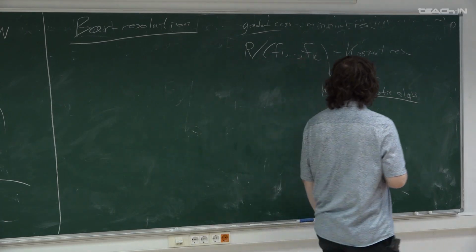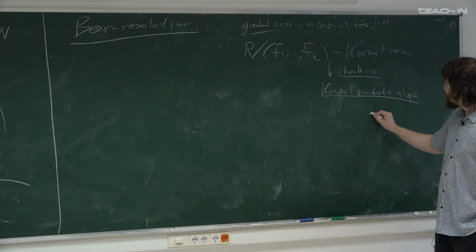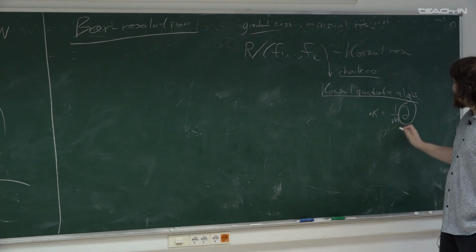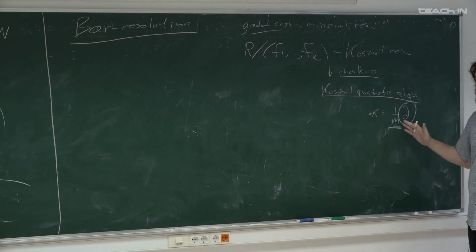Characteristic zero is important because, as I said before, it's the normalized Koszul differential, so you need something like characteristic zero.